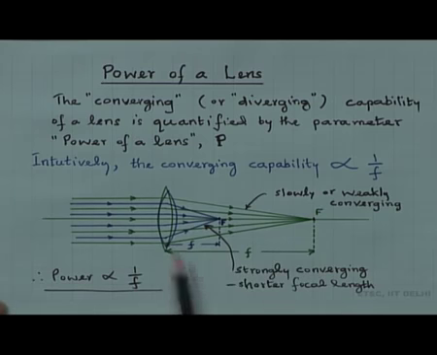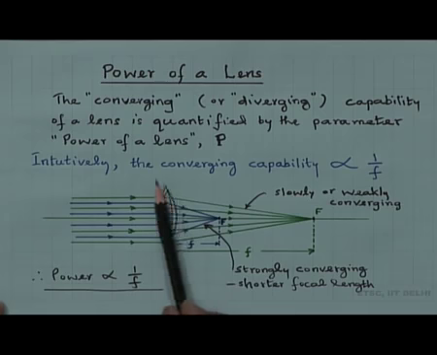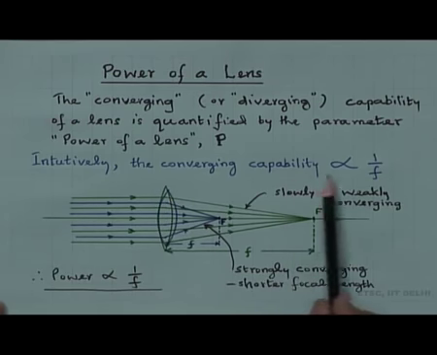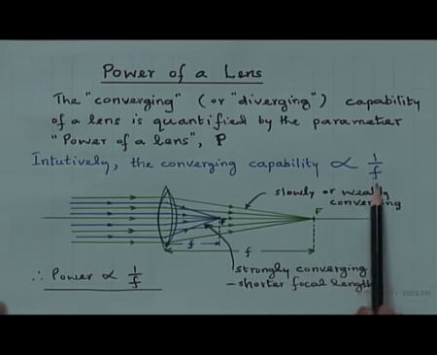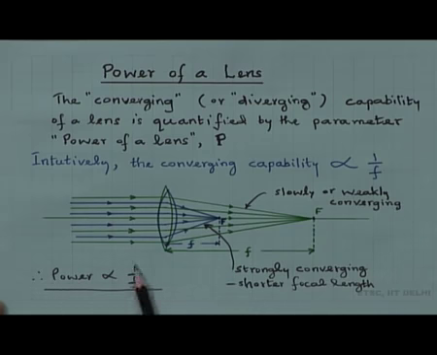Whereas in this case, it is focusing rapidly to a point F which is close to the lens. Therefore, the smaller the focal length, the stronger the converging ability, and the larger the focal length, the weaker the converging ability. In other words, intuitively we can say that the converging capability is inversely proportional to the focal length. So the power of a lens is inversely proportional to the focal length.